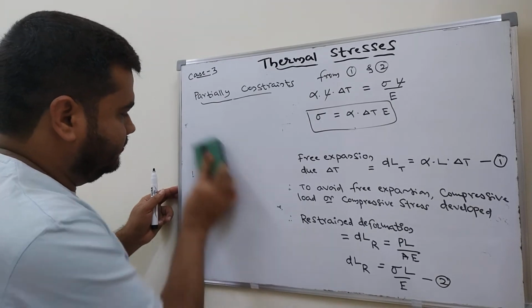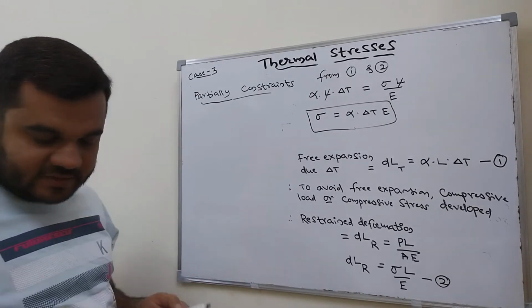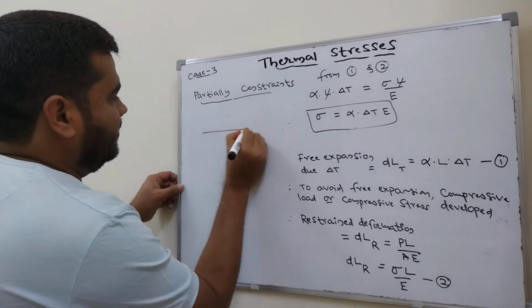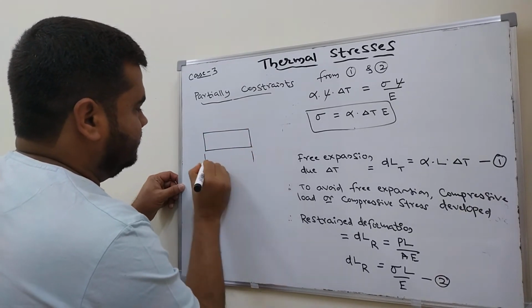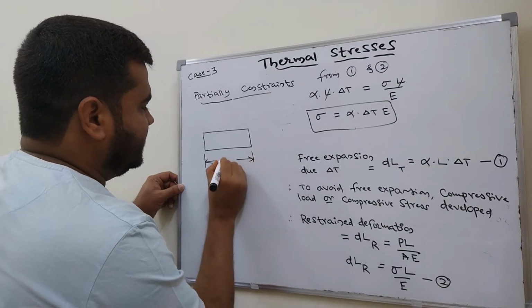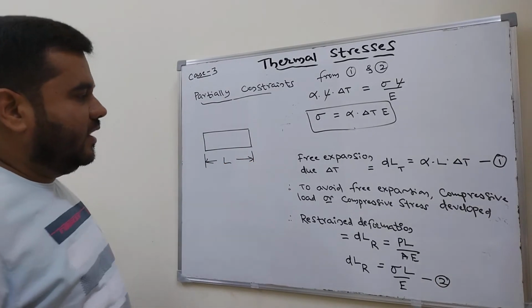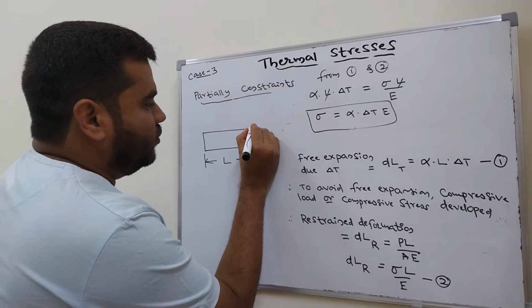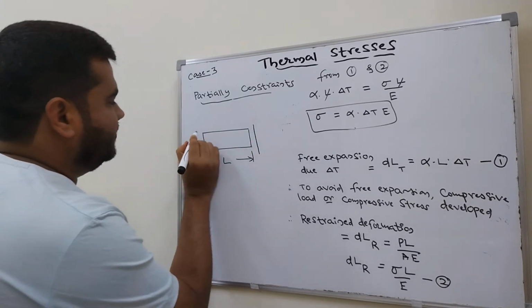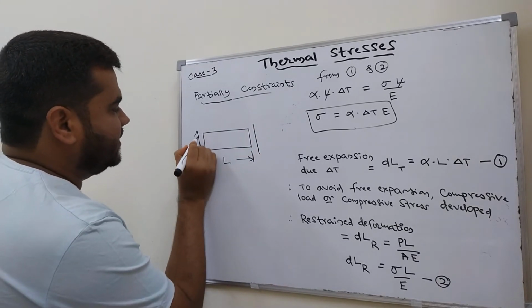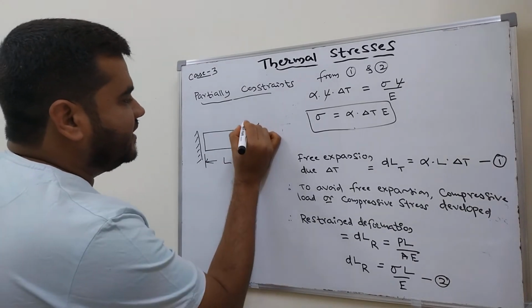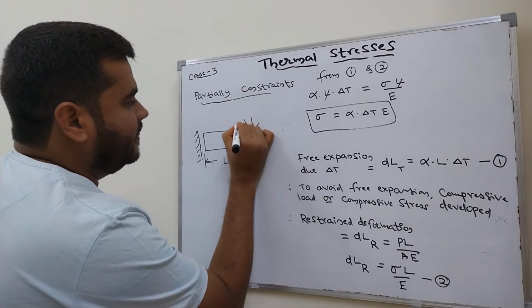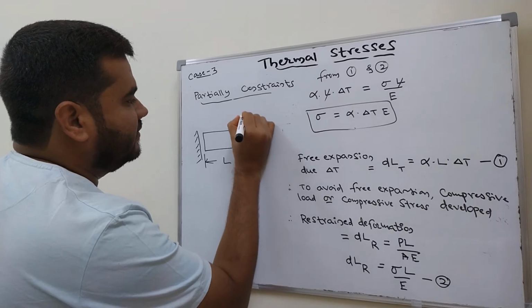Okay, I'll just draw the picture, then we'll derive here. First we have a body of length L, and it is subjected to rigid supports. These are the rigid supports at the left and right hand with a clearance of delta. This distance is delta.